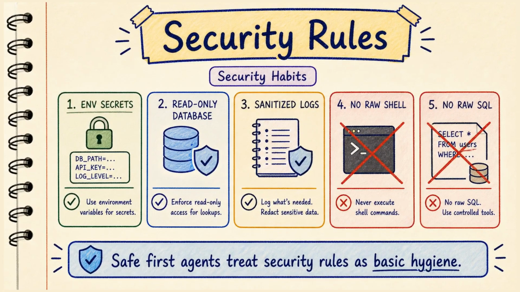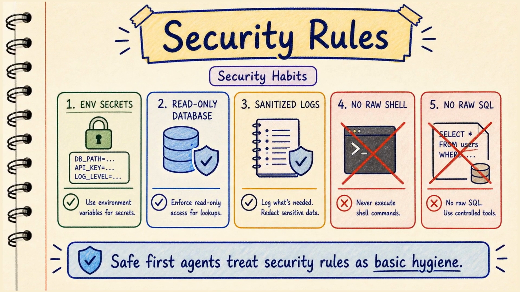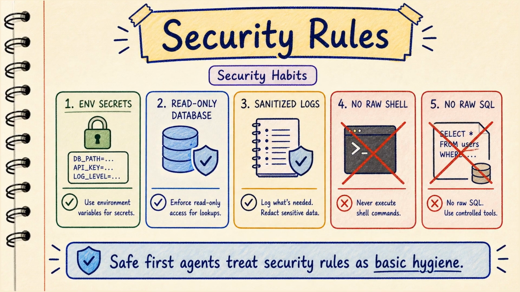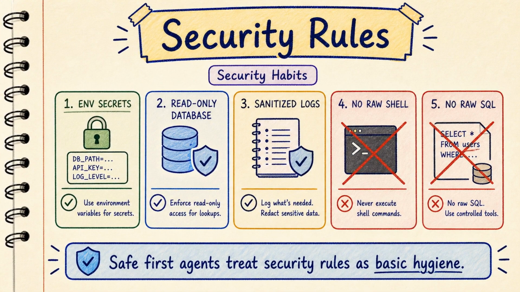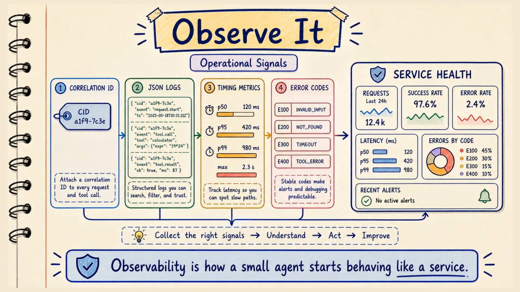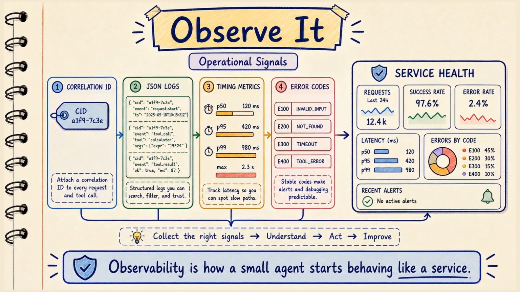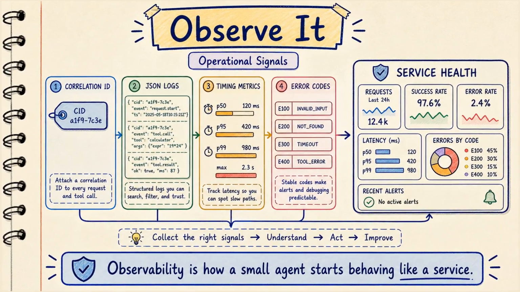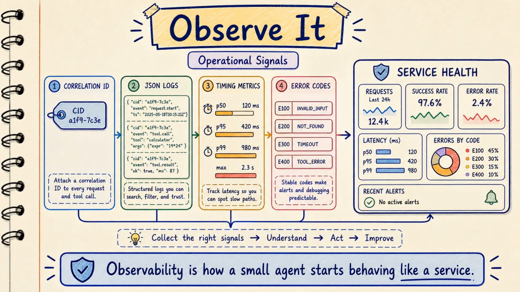Security should be boring and explicit. Read secrets from environment variables, limit the database connection to read-only behavior when possible, sanitize logs, and never let the model generate raw shell or SQL that executes directly. Observability is the final production habit. Correlation IDs, JSON logs, timing metrics, and predictable error codes make your tiny first agent feel like the beginning of a service, not just a script.